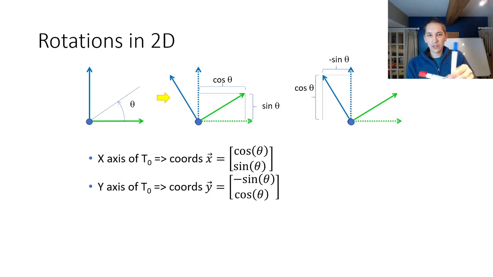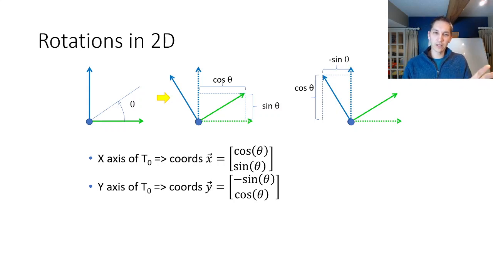And if you imagine not just the rotated coordinate frames, but also the original coordinate frames overlaid on top of each other, we're trying to figure out where the new coordinate axes are with respect to the original coordinate frame. So let's think about the x-axis of t0.